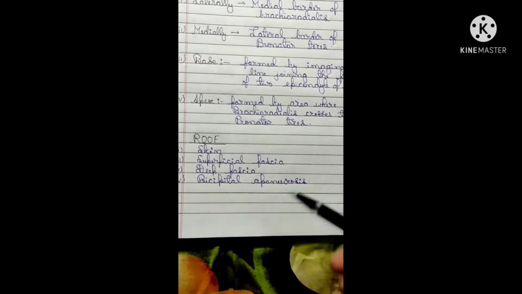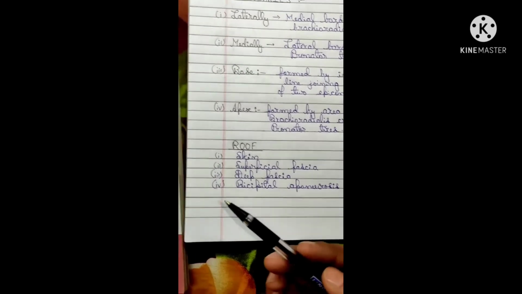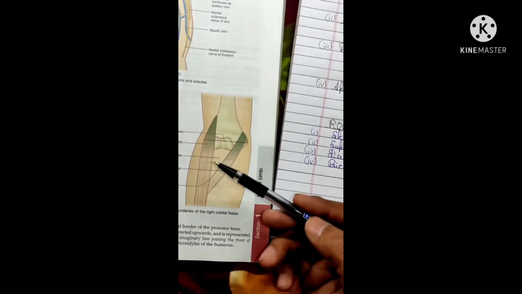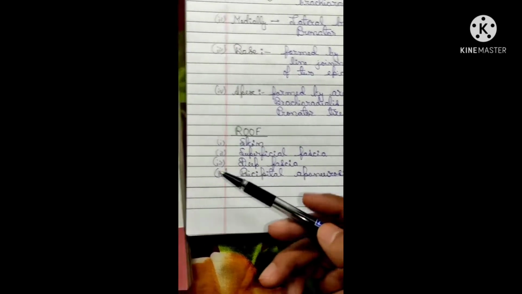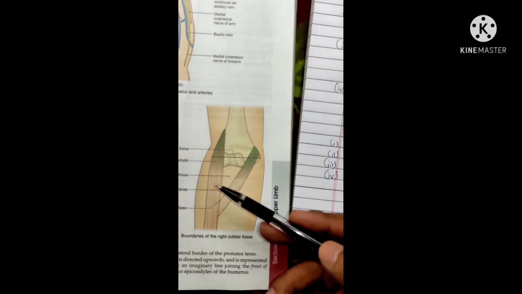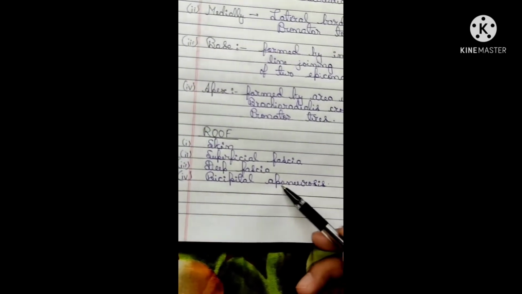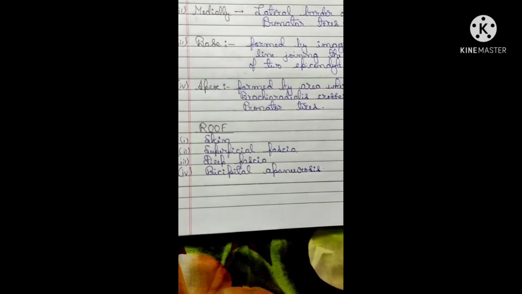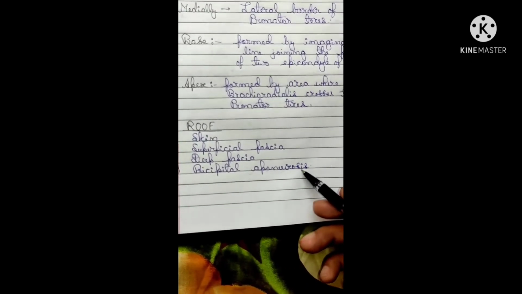What makes the roof of cubital fossa? Roof is formed on the upper side by skin, the uppermost part. Then superficial fascia, then deep fascia, then bicipital aponeurosis. If we remove deep fascia, we will find bicipital aponeurosis.